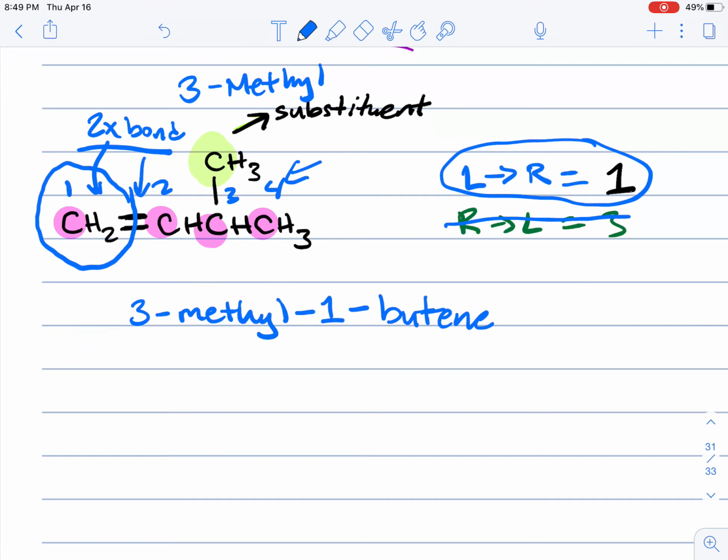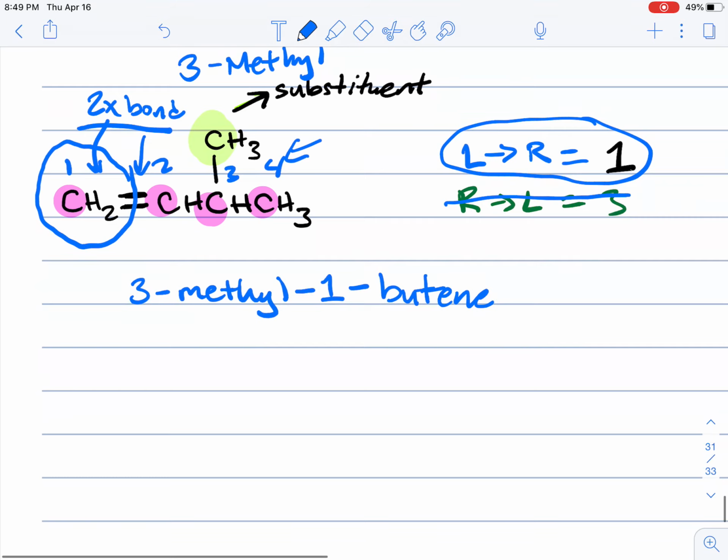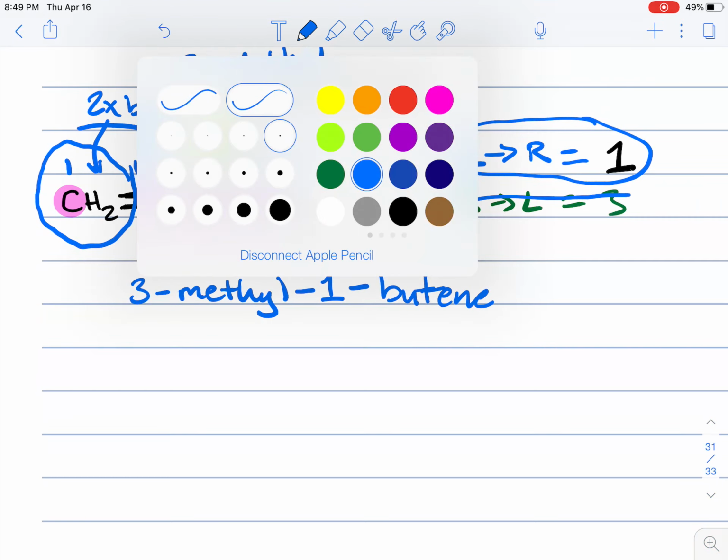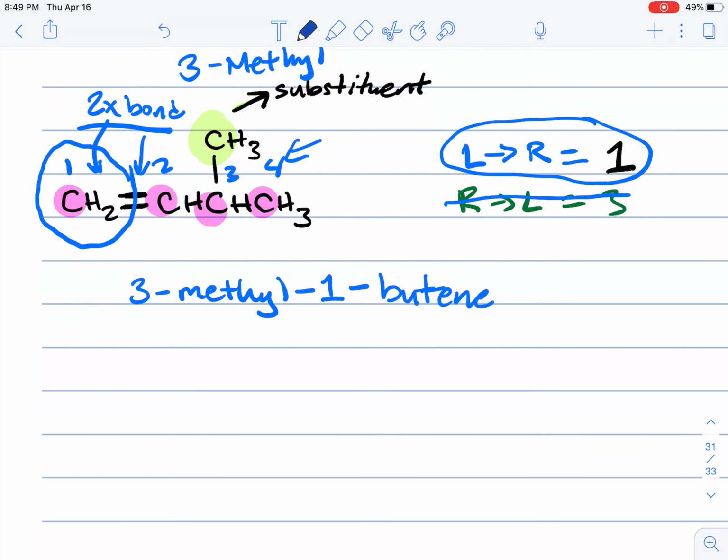And so what this means is that on the first carbon of this 4-carbon compound, there is a double bond. Okay. So hopefully that makes sense.